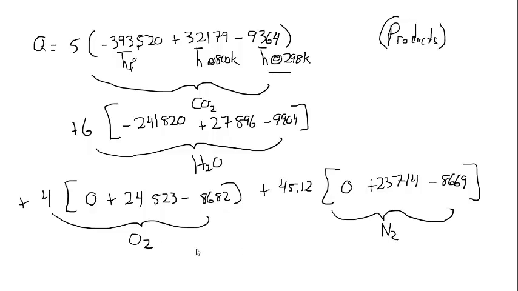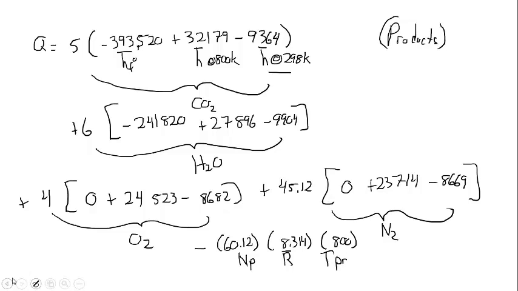All that minus RT, with the total number of moles of gas, 60.12. R bar is 8.314. Temperature of the gaseous products is 800 Kelvin. So this would be number of moles of product, R bar, temperature of products, right?